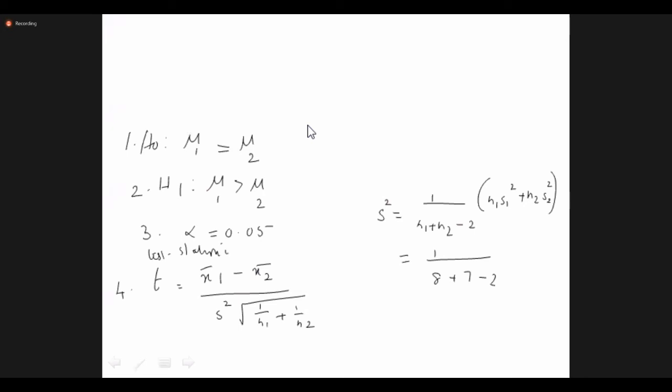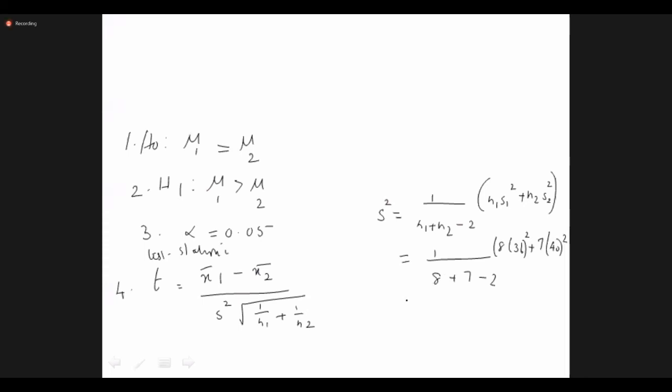So it is 1 by 8 plus 7 minus 2, into n1 which is 8, into s1 square, where s1 is 36, so 36 square, plus n2 which is 7 and s2 is 40, 40 square.